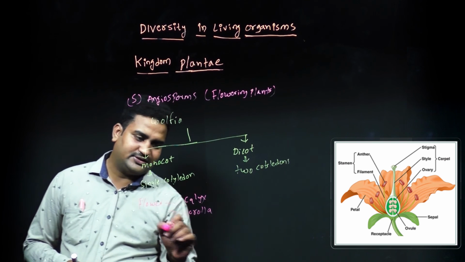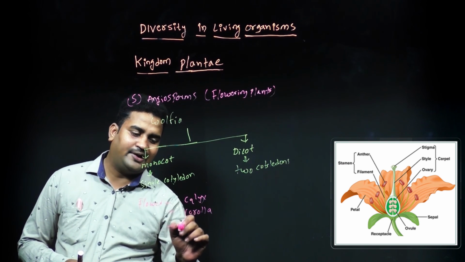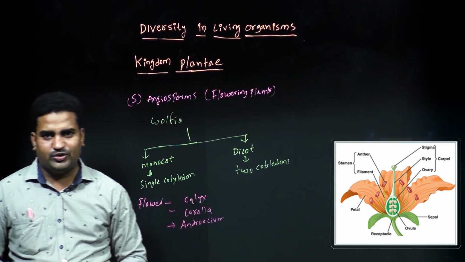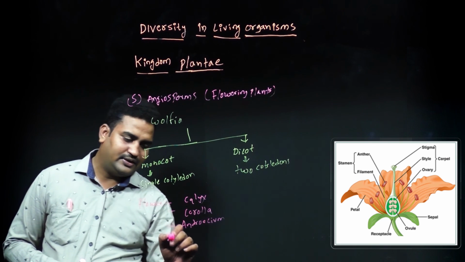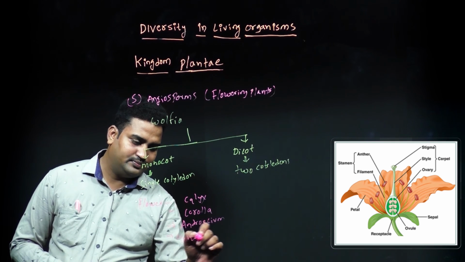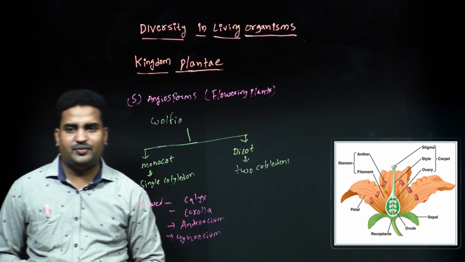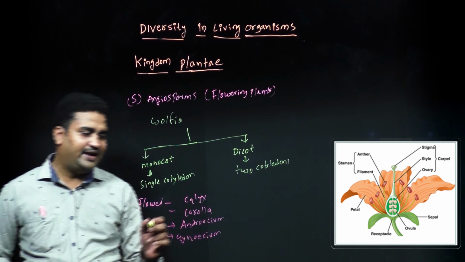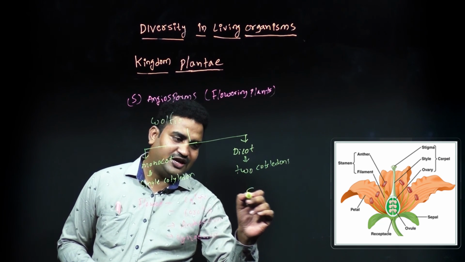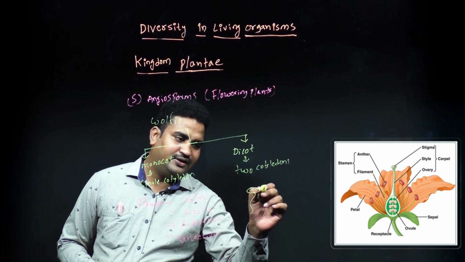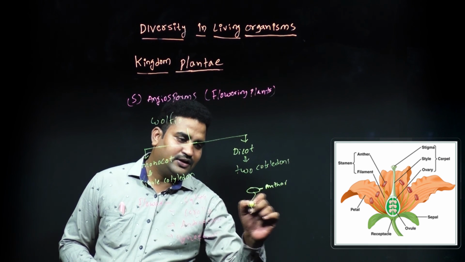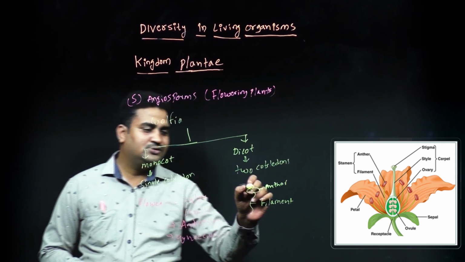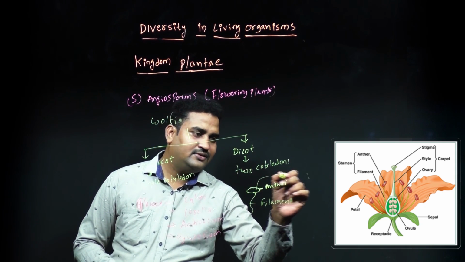So apart from calyx and corolla, there is the androecium, which is the male reproductive part of the flower, and the gynoecium, which is the female reproductive part of the flower. Generally androecium contains stamens. The stamen bears anther and filament. So anther produces pollen grains.